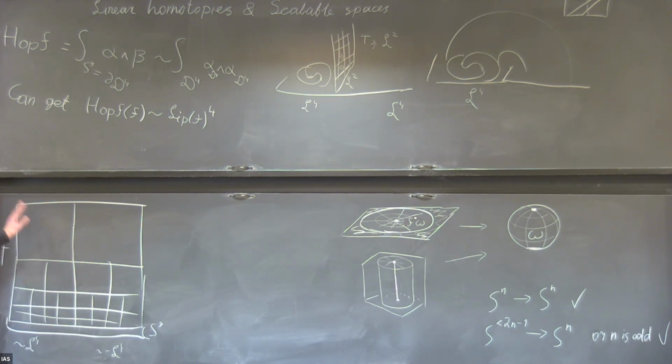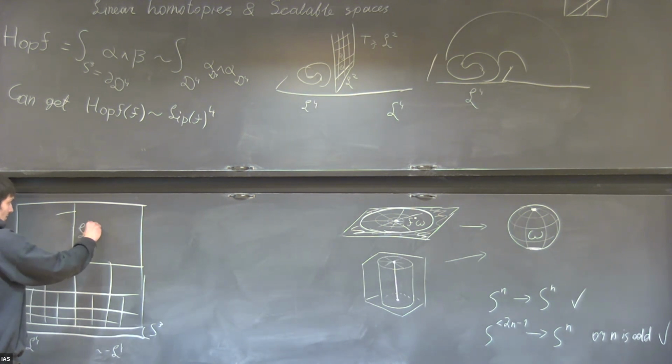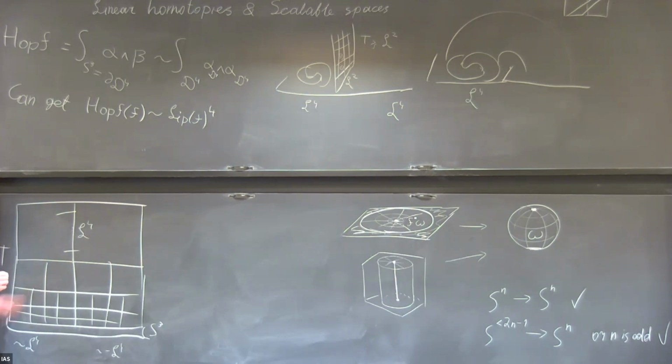And here I just know that I have to transfer that big chunk from here over there. So I just say, okay, here I will put exactly Hopf invariant of degree L to the 4.